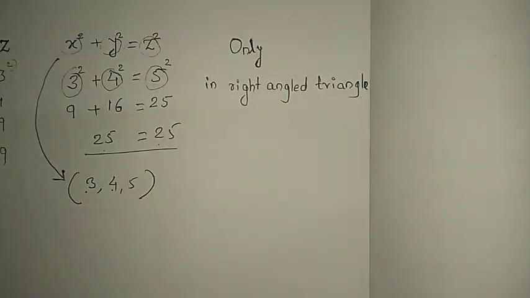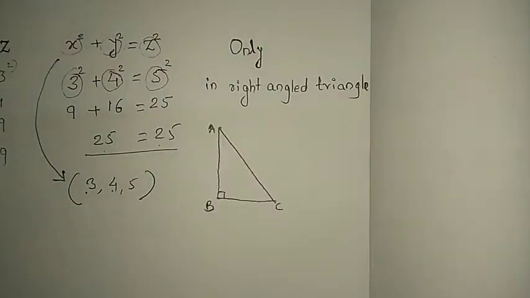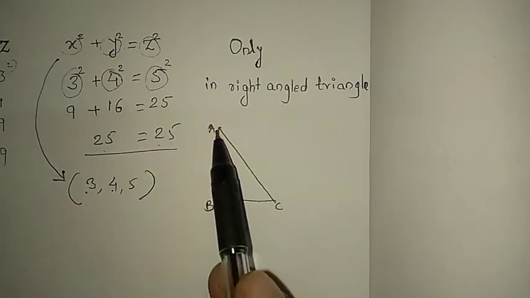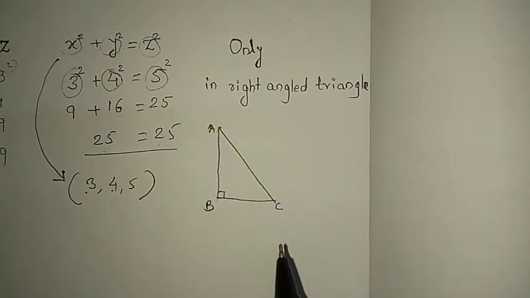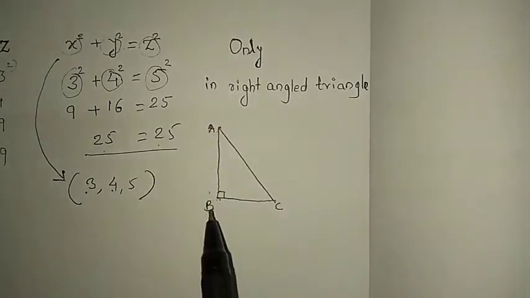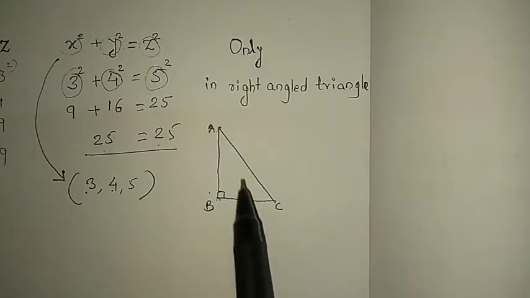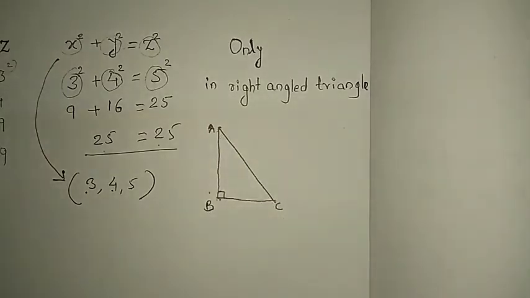So let's draw one right angle triangle. I have drawn one right angle triangle. This is triangle ABC, in which angle B is 90 degrees, and there are three sides of the triangle: side AB, side BC and side AC. Which is the greatest side in a right angle triangle? Yes, the hypotenuse is the greatest side.